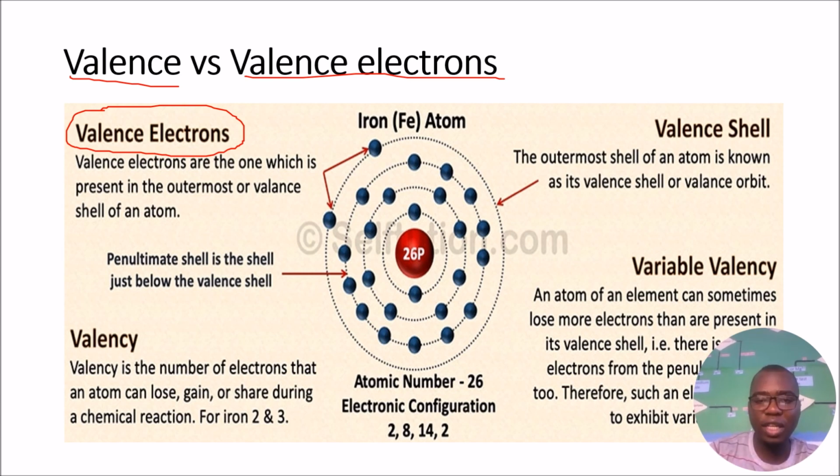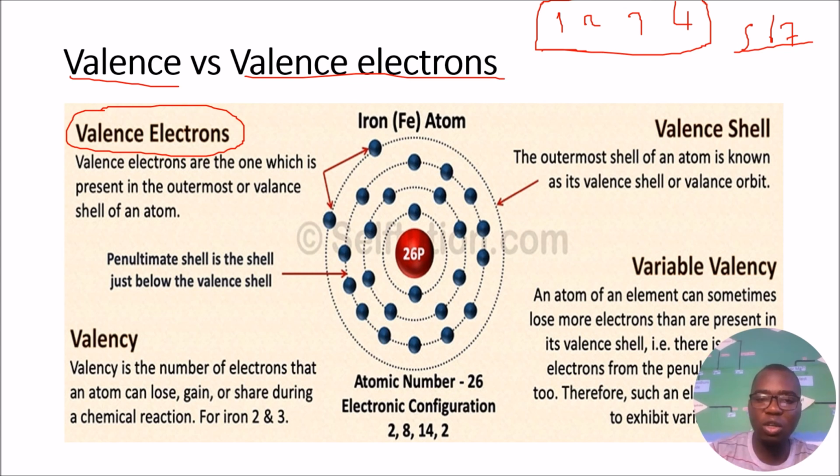Now, for certain groups, like groups 1, 2, and 4, as you will see soon, the valence electrons and the valency will be the same thing. However, for groups 5, 6, and 7, this is not the case. Valency and valence electrons are different.